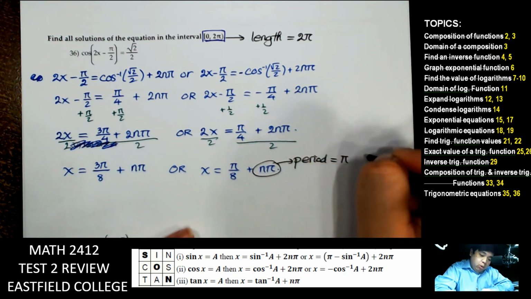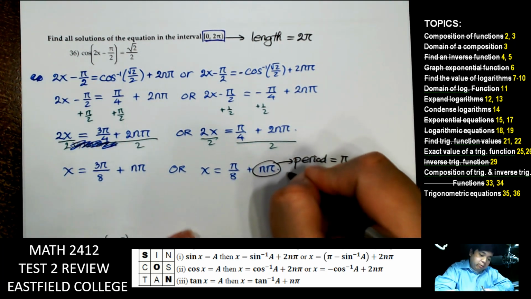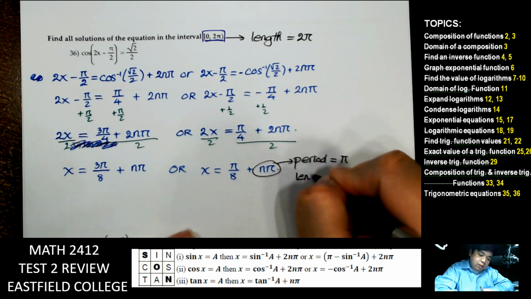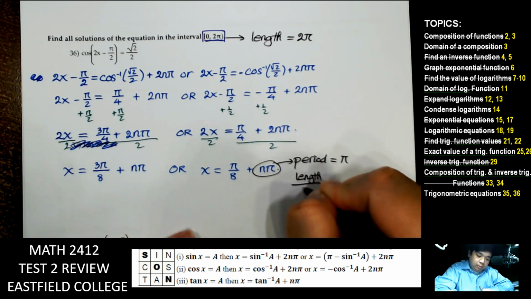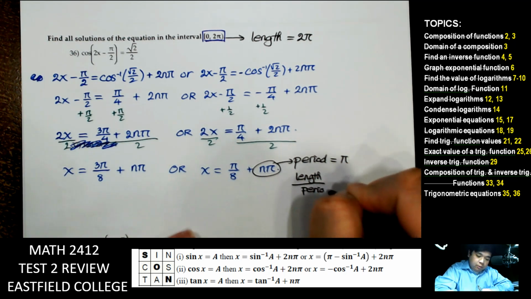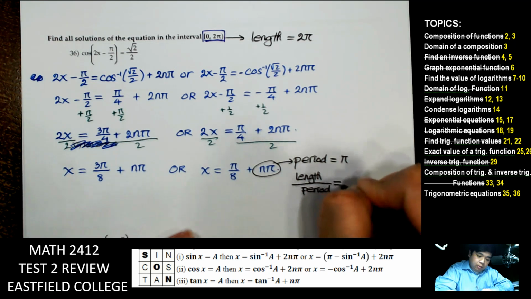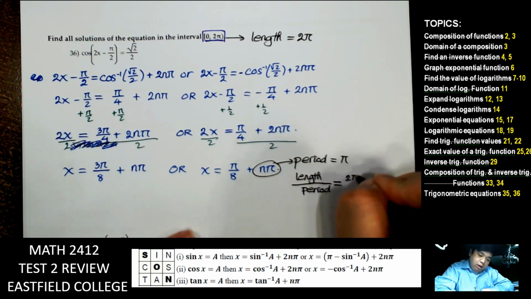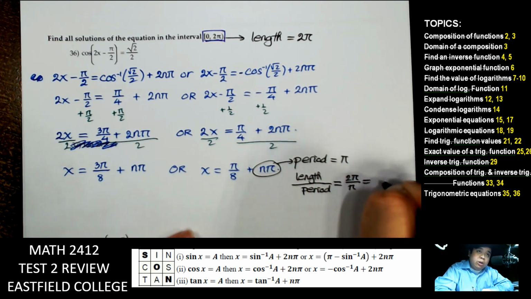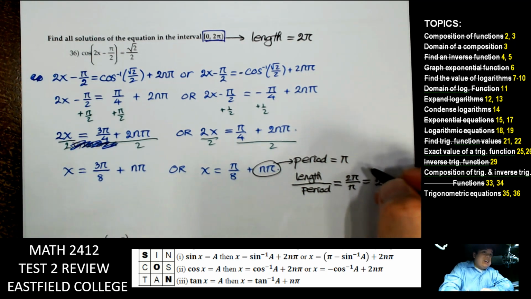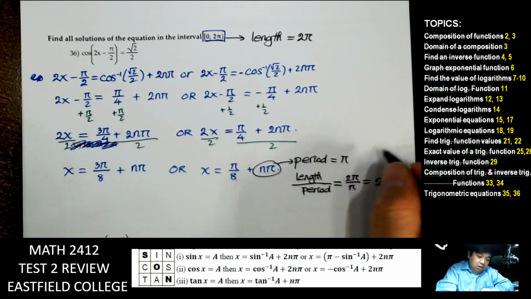The period for this problem is just pi. So I take the length divided by the period. 2 pi divided by pi is 2. So we have 2. And what does that stand for?